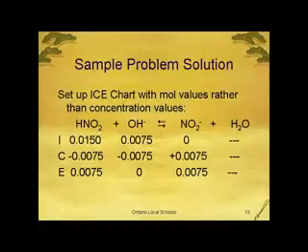And the nitrite ion increases by plus 0.0075 moles. So at equilibrium, we have 0.0075 moles of HNO2 present, we have 0 moles of the hydroxide ion present, and we have 0.0075 moles of the nitrite ion present.